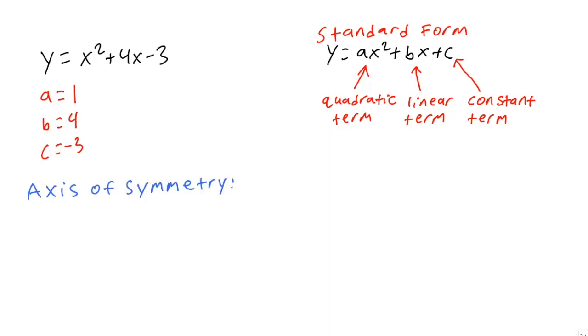All right, so the first key feature that we're going to find is the axis of symmetry. The formula for the axis of symmetry, also known as the AOS, is x equals -b over 2a.